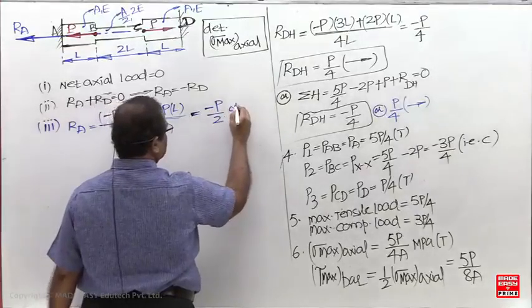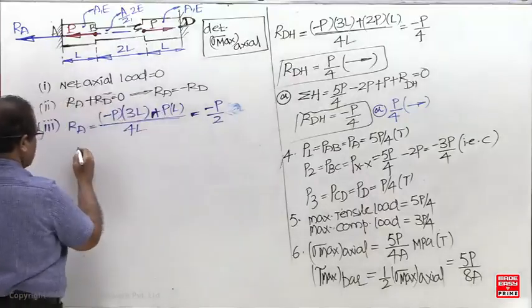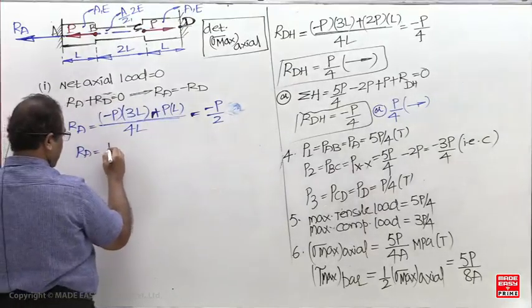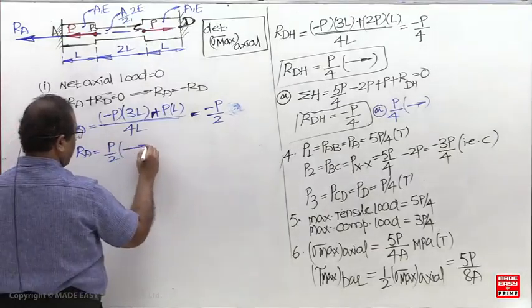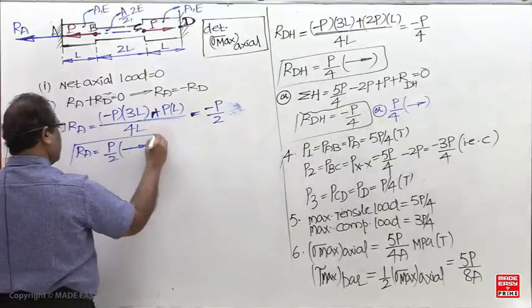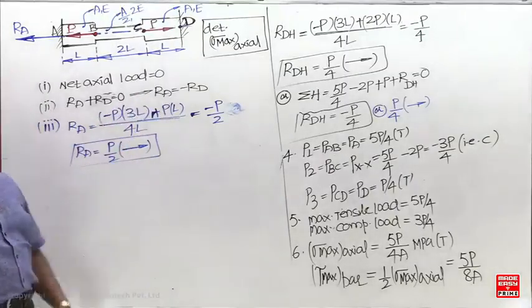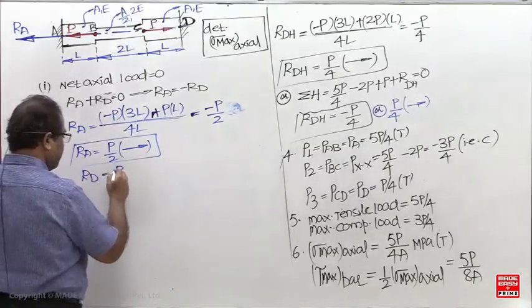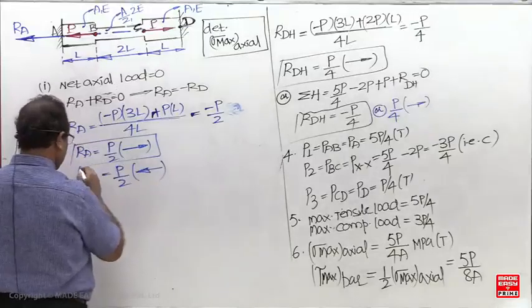This means the assumed direction is incorrect. Now RD is required or not required? Because RA and RD should be equal and opposite, automatically RD will be P by 2 towards the left side.